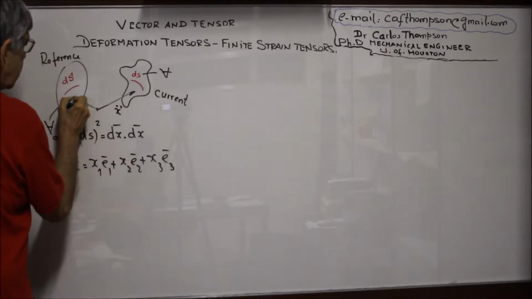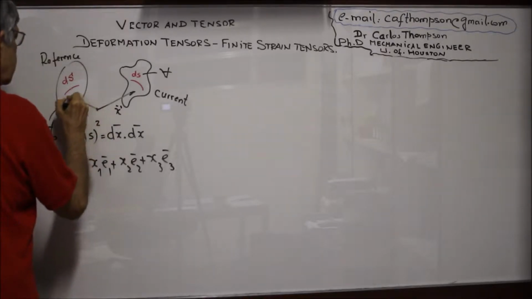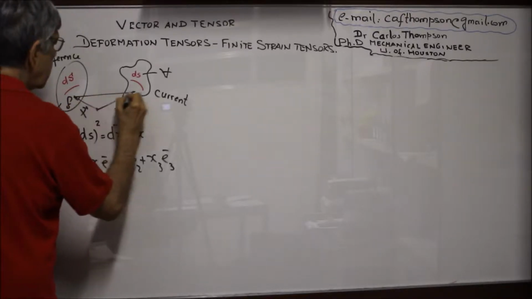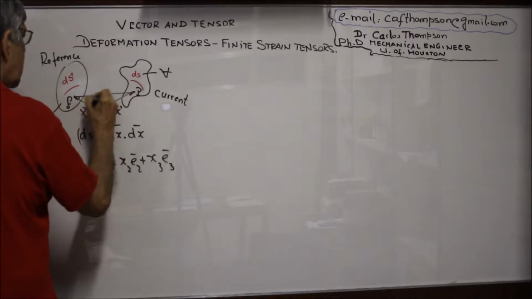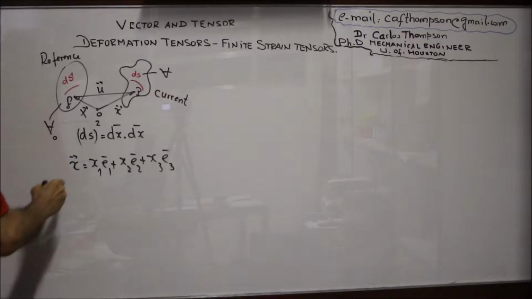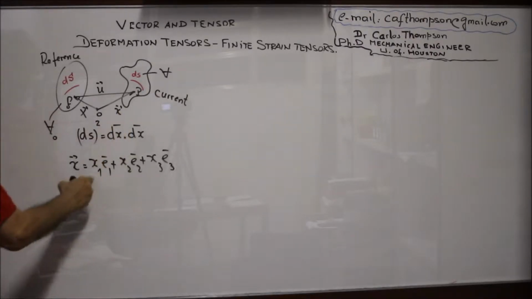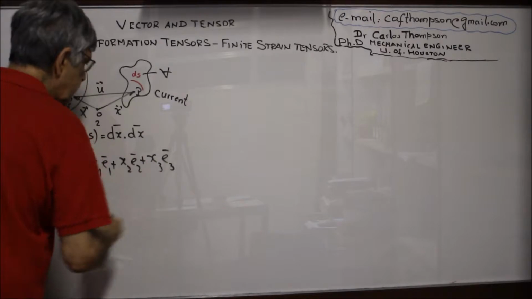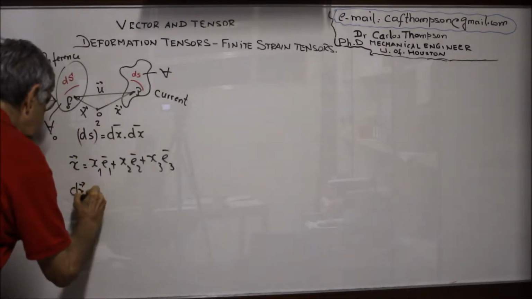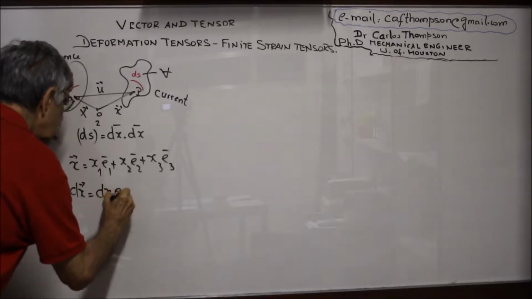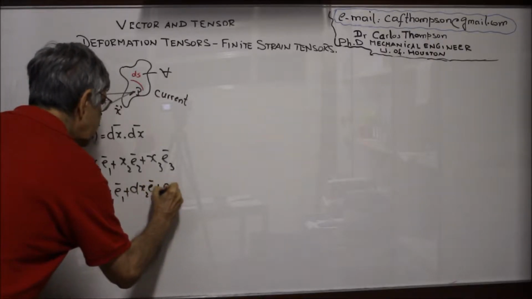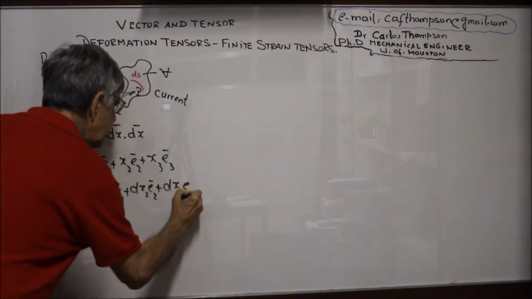This is capital X, this is P0, and this is P. Now this is U, okay? This is the origin. The components of x are x1 e1 plus x2 e2 plus x3 e3, so dx is equal to dx1 e1 plus dx2 e2 plus dx3 e3.